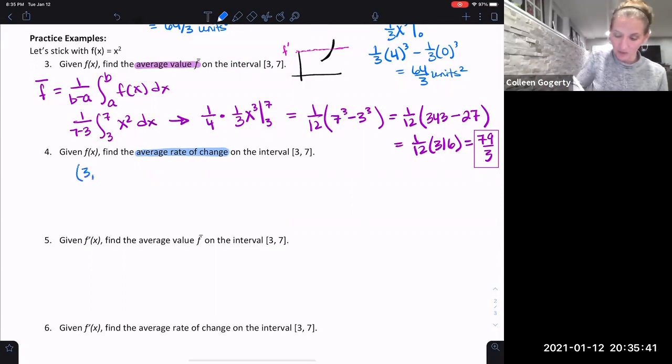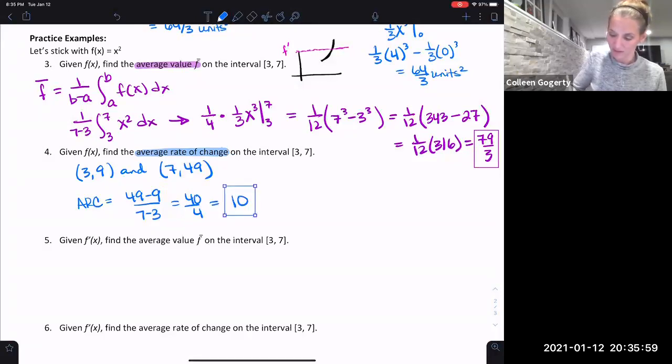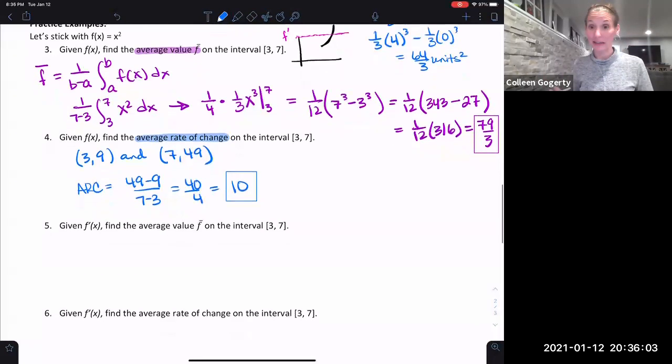So I've got the point (3, 9) and the point (7, 49), and we're just going to do a little average rate of change. So 49 minus 9 over 7 minus 3, I've got 40/4, 10. Done. This is just here to be a little bit of a trick, so don't let it trick you.